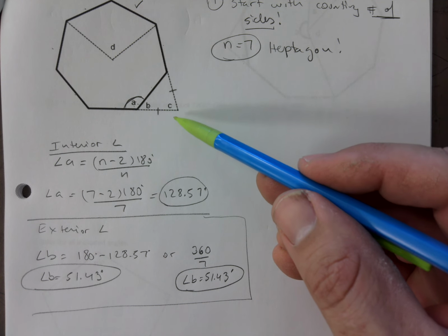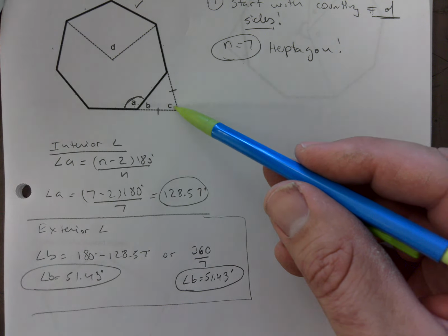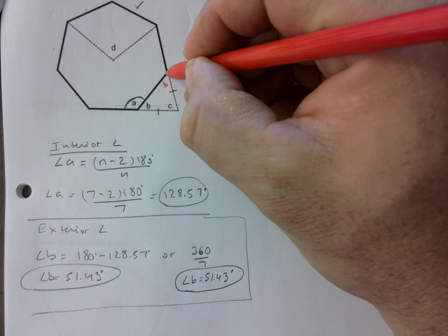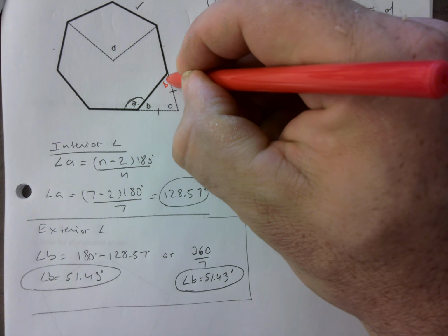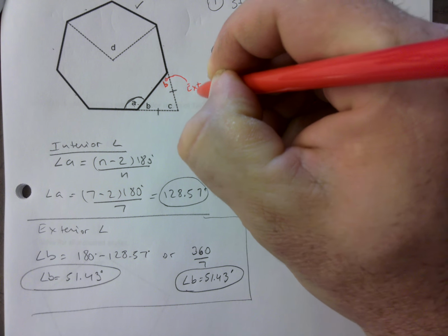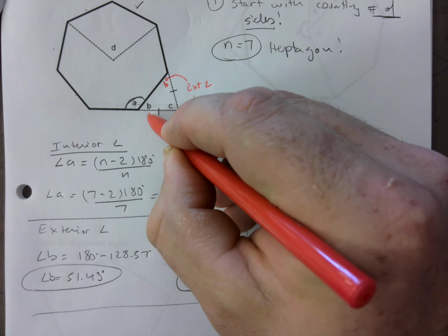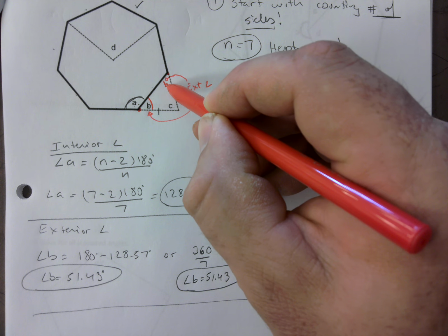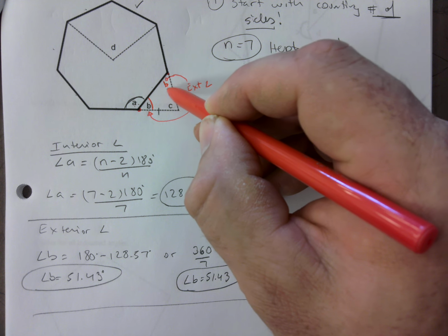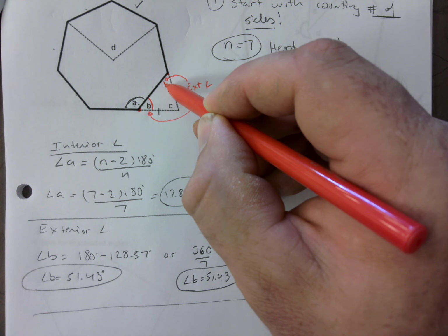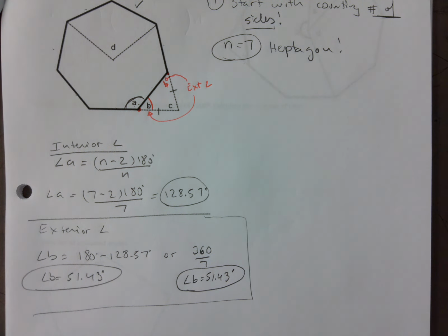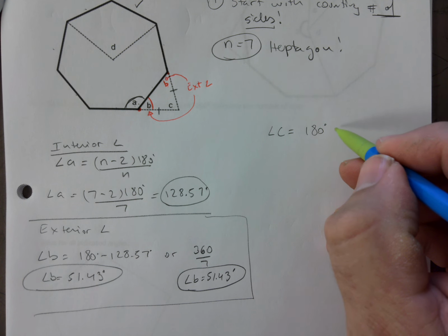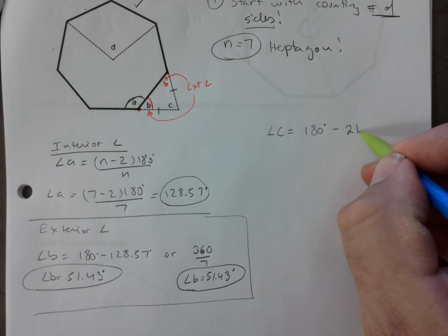I'm going to go with C next. And here's what I want you to understand: this technically is the same as B. This is an exterior angle, and so is this one. This B is an exterior angle here at this intersection, and it's also the same value here. It's also an exterior angle. So it's almost like this is B and B. So to find angle C, I'm going to go 180 minus 2B, in a sense.